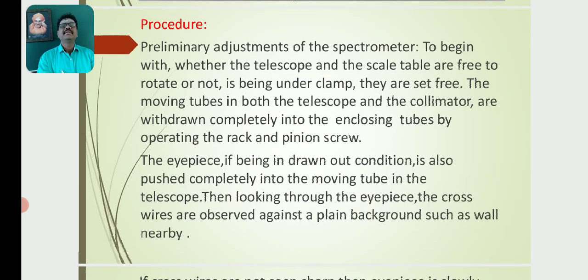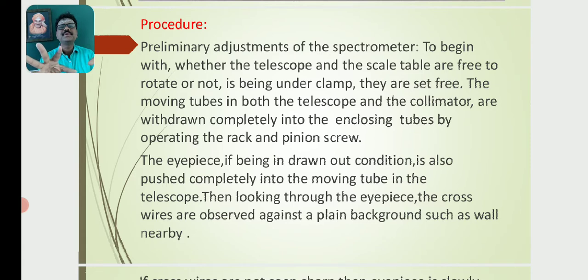Now the procedure for the determination of wavelength of light. First, the preliminary adjustments of the spectrometer. To begin with, check whether the telescope and the scale table are free to rotate or not. That is the first step of the procedure. If they are under clamp, they are set free.